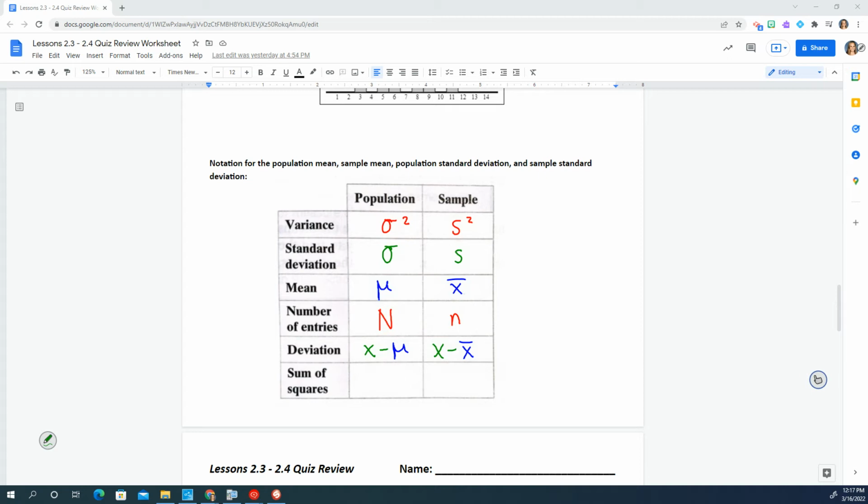Sum of squares is again a process we use when calculating the standard deviation. We take that deviation and we square it. So that's a review of the symbols, and now we're ready to calculate the standard deviation.